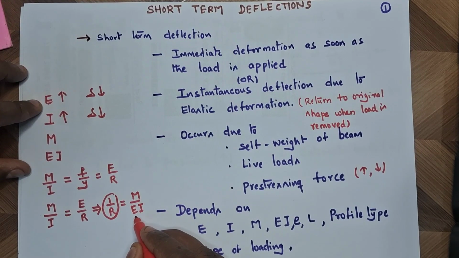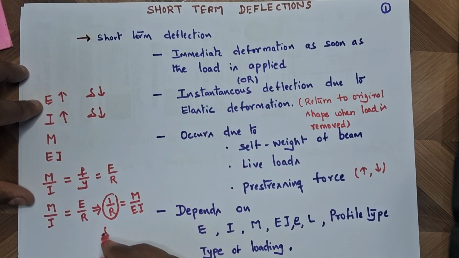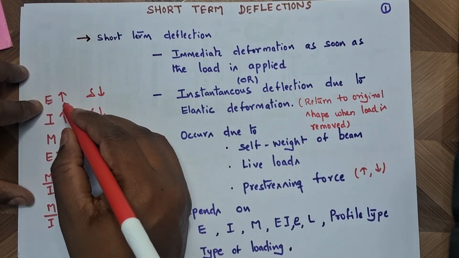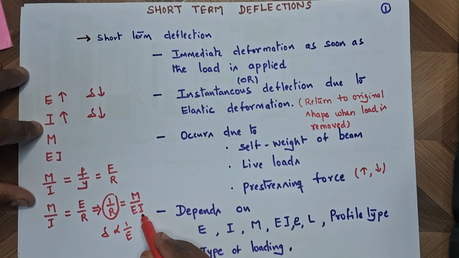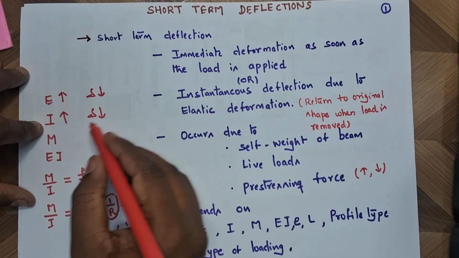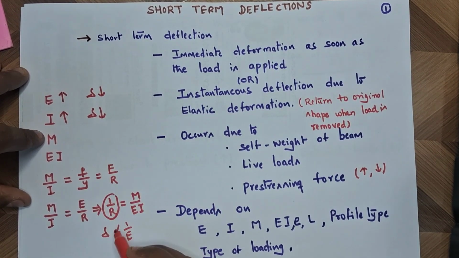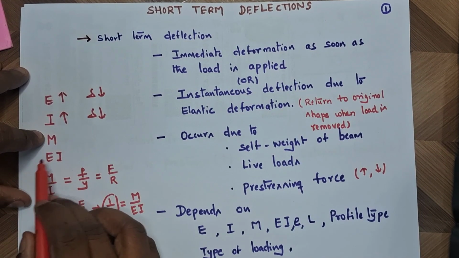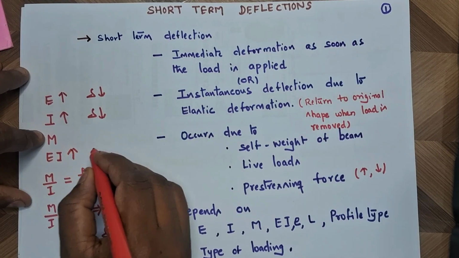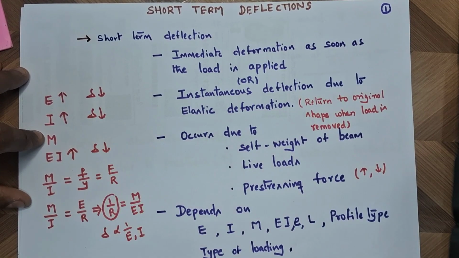Now coming to E. Deflection is inversely proportional to E. That's why as E increases, deflection decreases. Next, moment of inertia. As I increases, deflection decreases. Similarly, as flexural rigidity itself increases, deflection decreases.